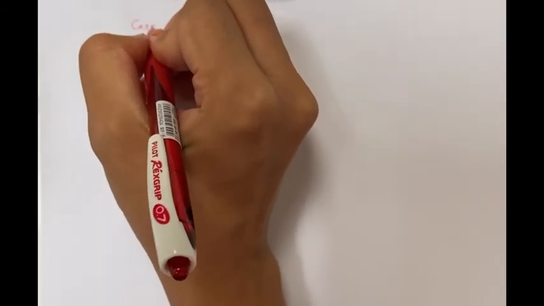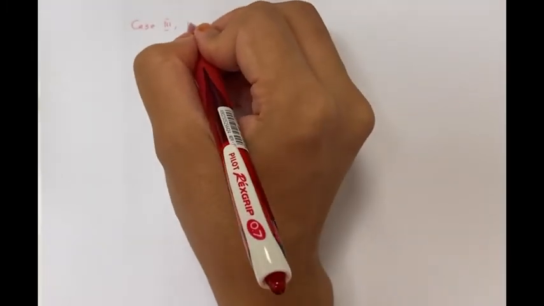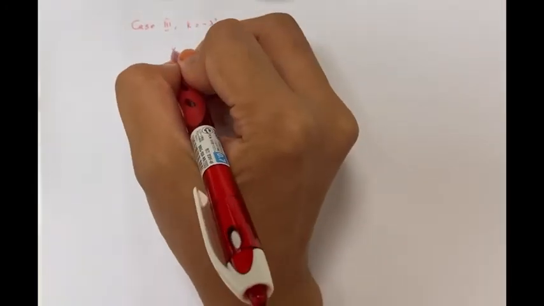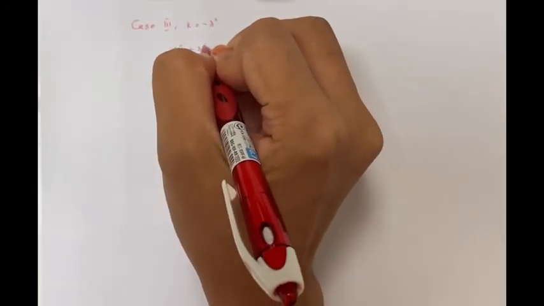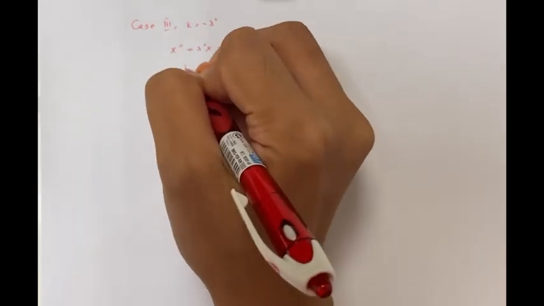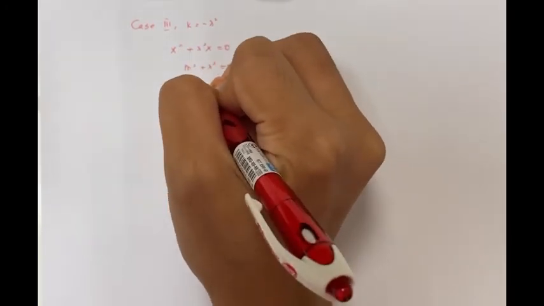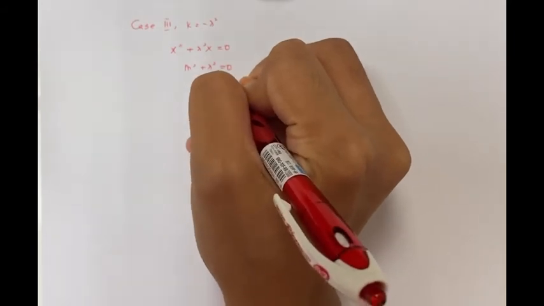For the third case, case 3, k is equal to negative lambda squared because k is negative. So X double prime plus lambda squared X equals 0. m squared plus lambda squared equals 0. m is complex conjugate, plus minus lambda i.